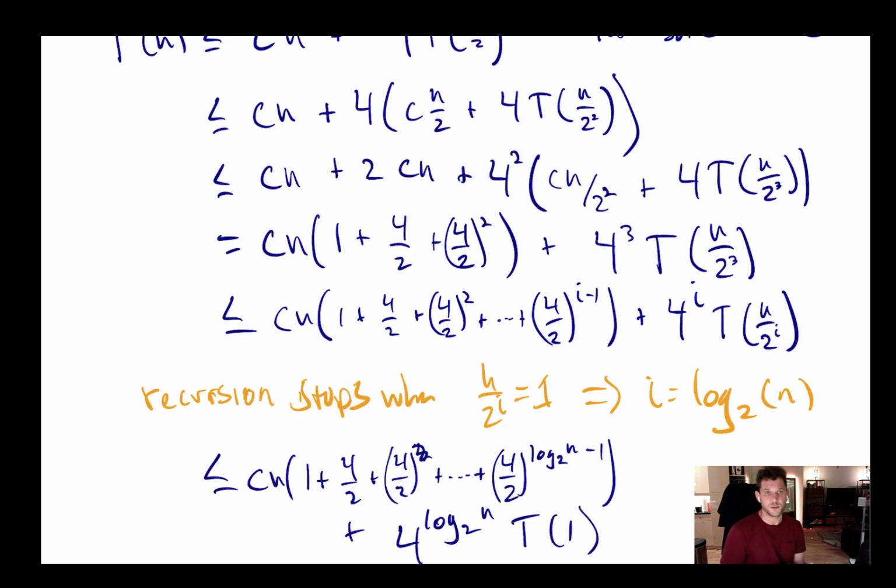Of course, t of 1 is just going to be a constant. We'll just call it O of 1.